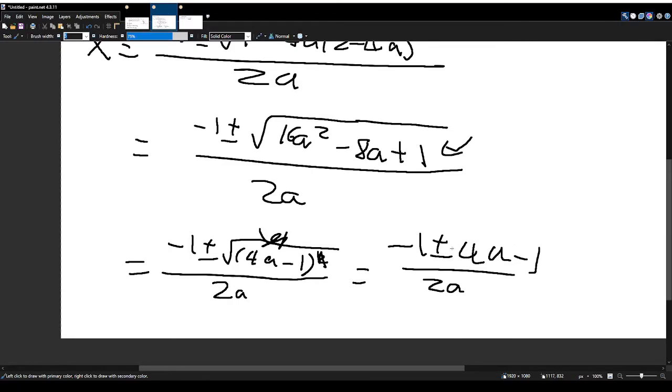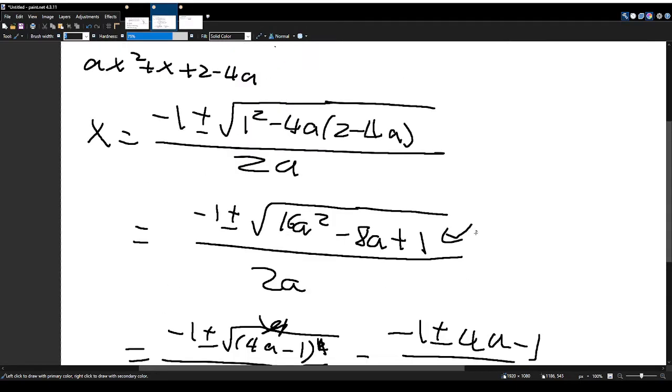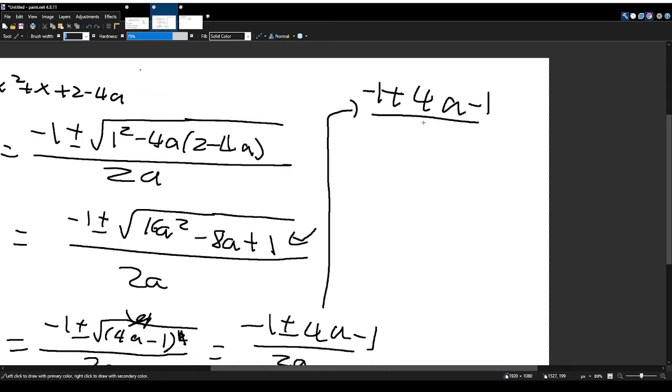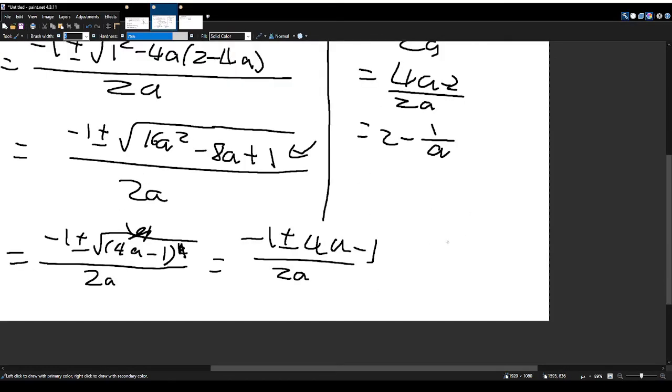So let's go for negative 1 plus 4a minus 1 over 2a, which simplifies to 4a minus 2 over 2a, which is just 2 minus 1 over a, if you simplify it.